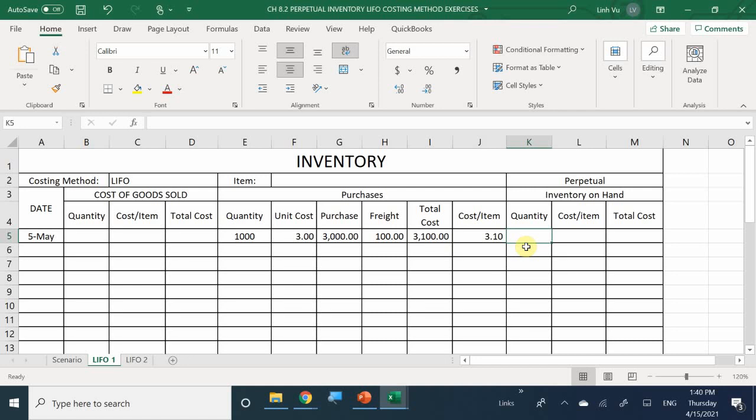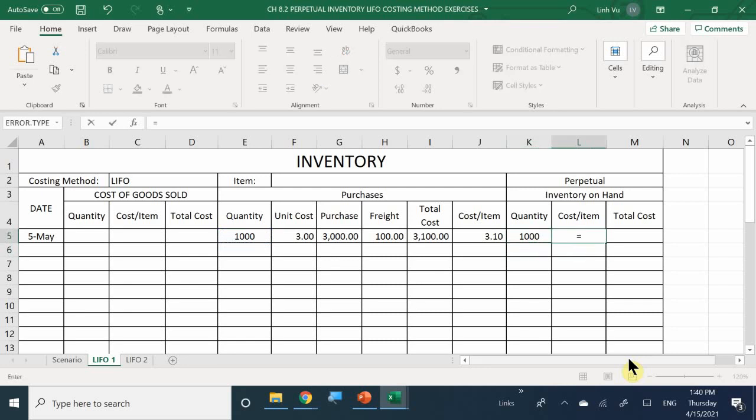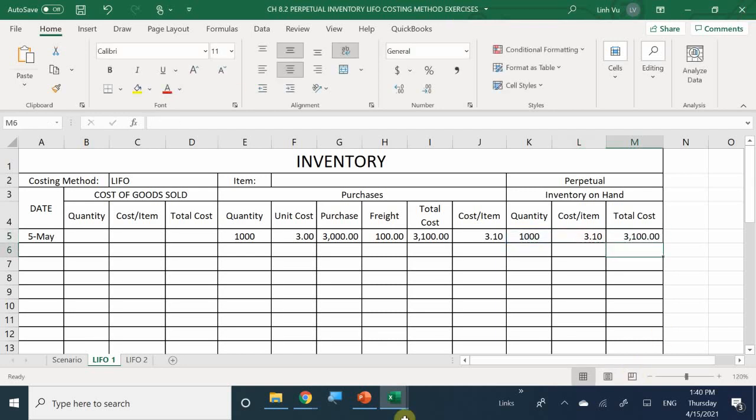entering it into my inventory on hand. So right away over here, I should have 1,000 items at $3.10, and it's going to cost me $3,100.